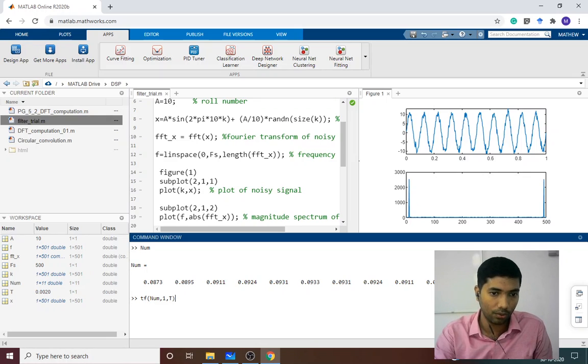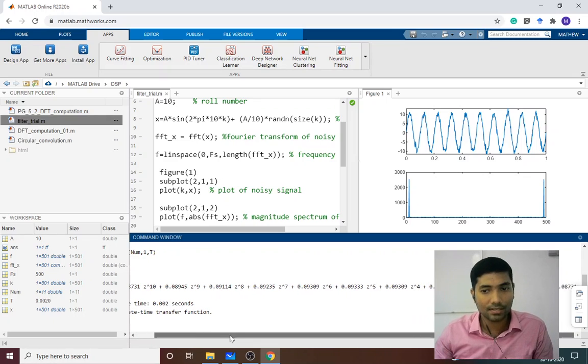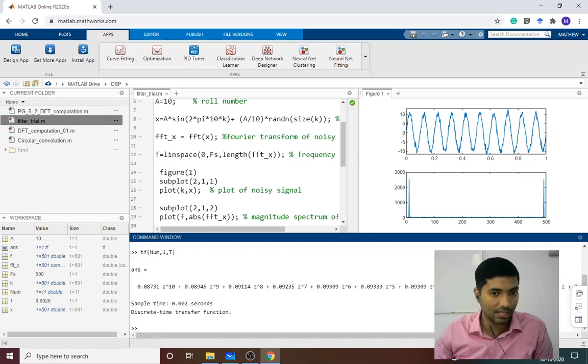Let me try to run this. Okay, so this is the transfer function of the FIR filter that we have defined. 0.08731 is raised to 10, so it's of order 10. This is how to obtain the transfer function of the filter. What you need to do is design the filter in the app, export it to the workspace, and use the function TF, numerator comma denominator comma the sampling period capital T. This will give the transfer function.